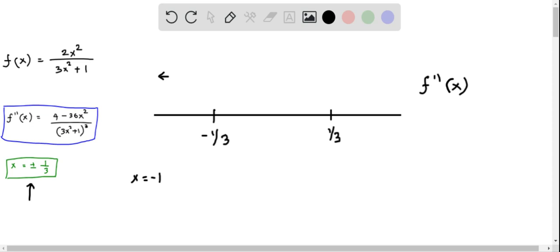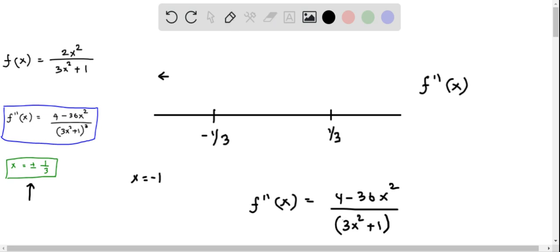When we plug it into the second derivative, here we have the second derivative, that is 4 minus 36x squared divided by 3x squared plus 1 quantity cube.